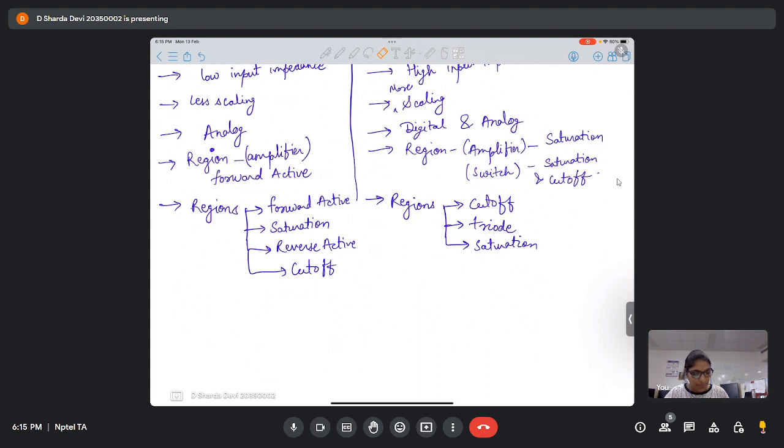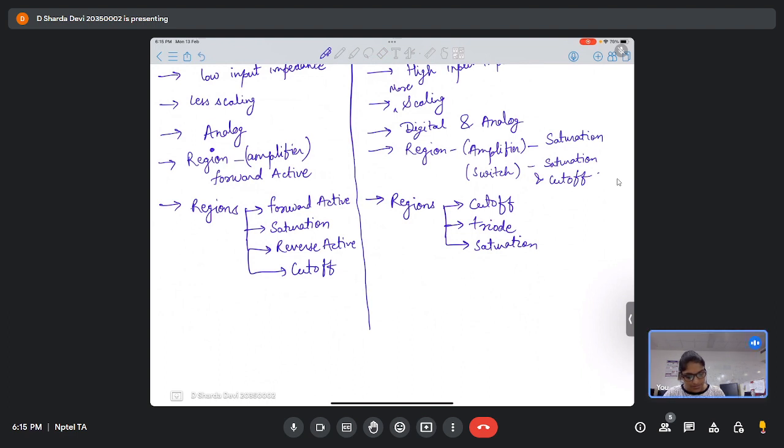MOS is more controllable, very sturdy, noise proof compared to analog. Yeah, so that we have already mentioned.